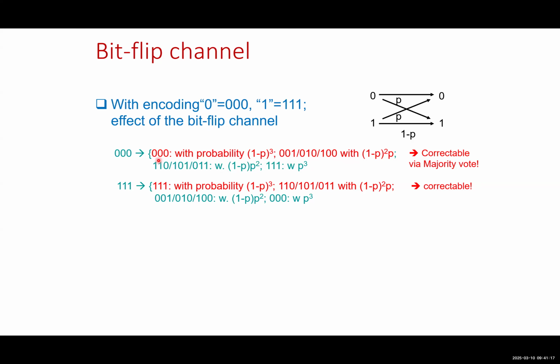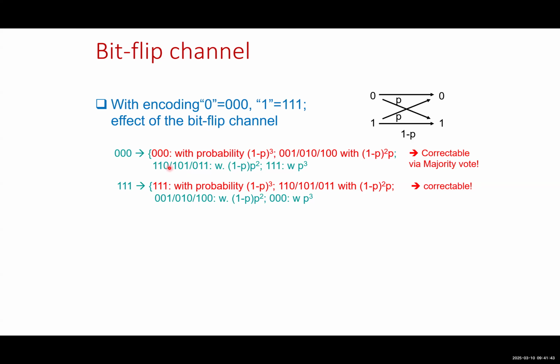And these groups are closer to the original, right? In terms of Hamming distance, this one is the same, and these are Hamming distance 1. And here you have Hamming distance 2 that appear with probability (1-P) times P squared. Sorry, 1-P is staying, and then P squared is flip.